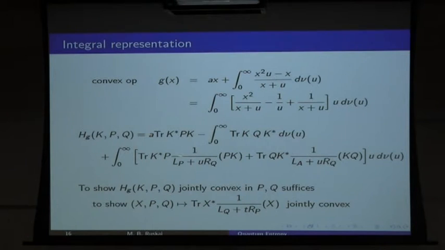But if k is fixed, then to show joint convexity in p and q of this quantity, it's enough to show that each term in this integral is jointly convex in p and q, which is equivalent to the map taking p, q to trace x star 1 over L_Q plus R_P of x being jointly convex. And now I'm going to give you that proof.